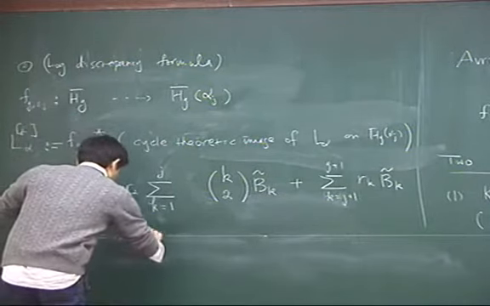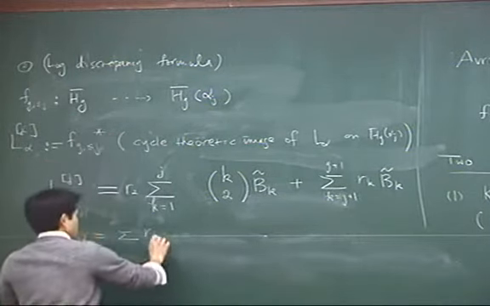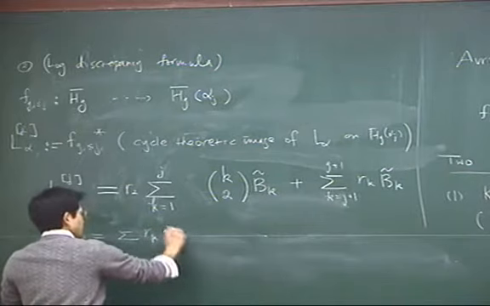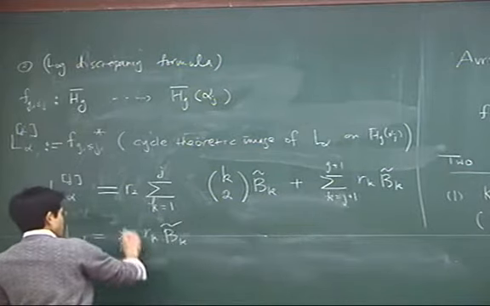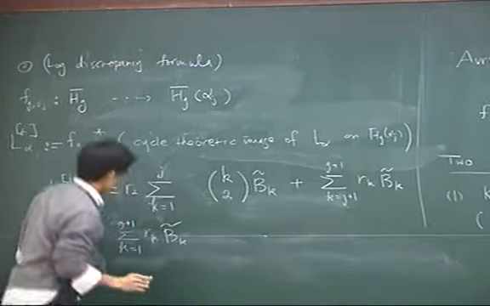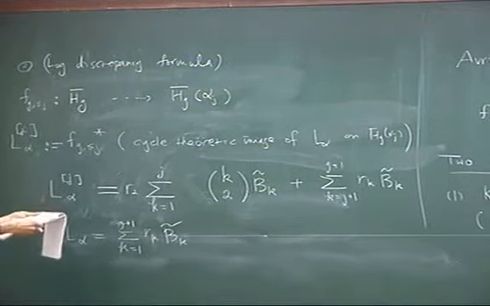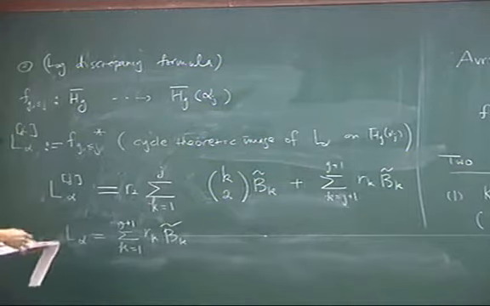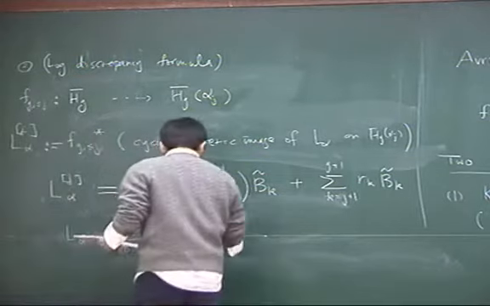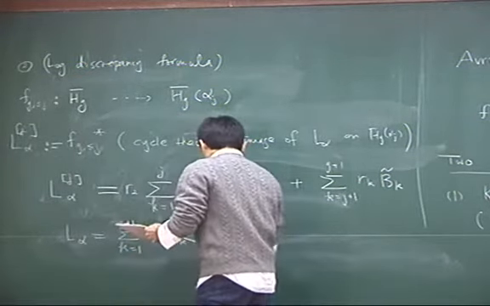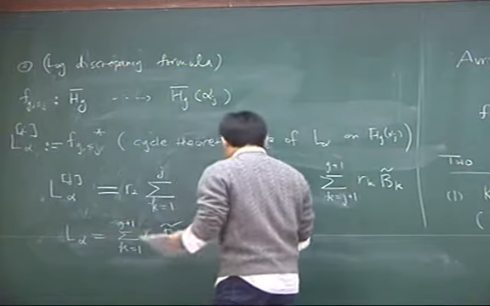L alpha is the sum of RK BK tilde from 1 to G plus 1. And if you're curious, I can write down what these are. And I'm going to assume that you are curious and actually write it down.